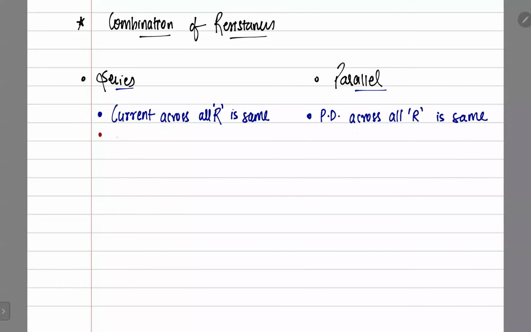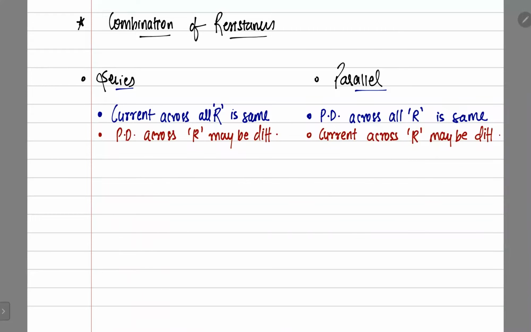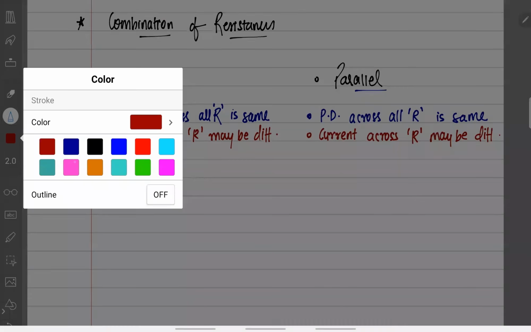In series, the potential difference across resistances may be different. In parallel, the current across resistances may be different. Keep paying attention, I'll make you understand how.